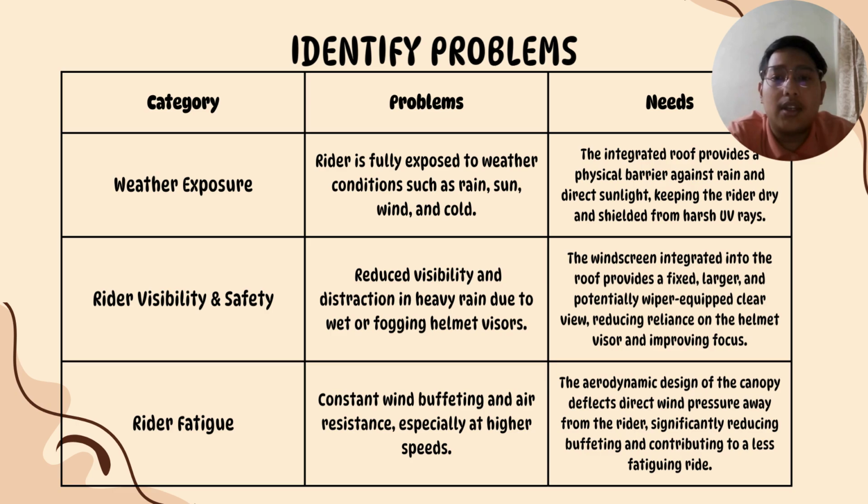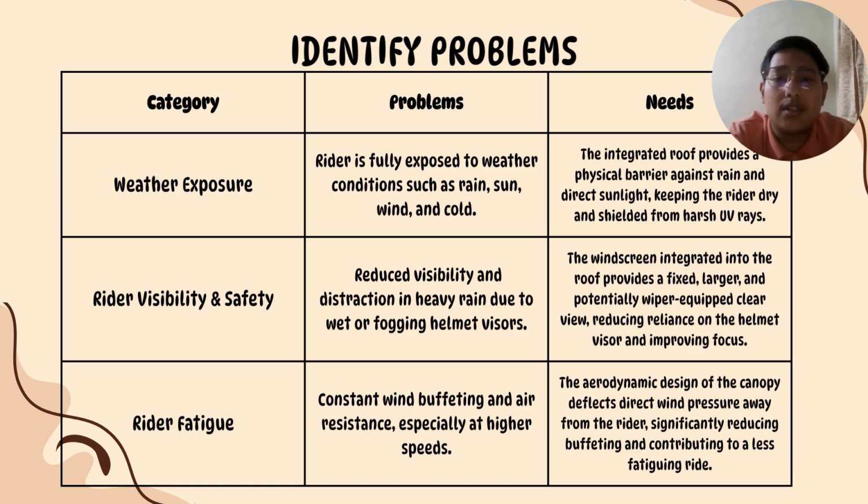The second category is rider visibility and safety. The problem is reduced visibility and distraction in heavy rain due to wet or fogging helmet visors. For the needs, the windscreen integrated into the roof provides a fixed, larger and potentially wiper-equipped clear view, reducing reliance on the helmet visor and improving focus.